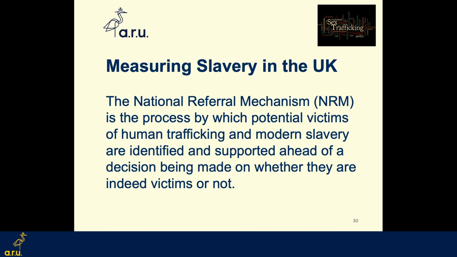And when I say victims or not, one of the elements of the NRM was cannabis farms in the late 90s, and when the police would go in, they would arrest children in these cannabis farms. I know this is going off subject a little bit, but I'll just give you some context of what the National Referral Mechanism is.